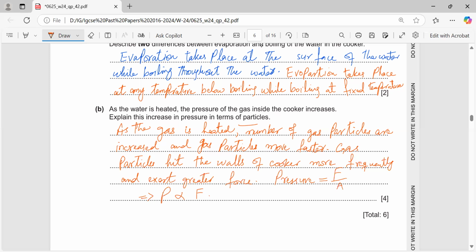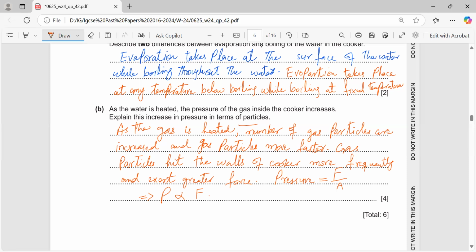So please read the question. As the water is heated, the pressure of the gas inside the cooker increases. Explain this increase in pressure in terms of particles. My dear friends, it is not necessary that you write the first point. You can even start by saying, gas particles move faster, so they collide with the walls of the cooker more frequently and exert greater force. Pressure is force over area, so greater force means greater pressure, or you can write pressure is directly proportional to force.